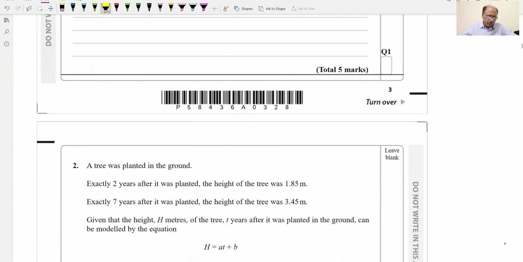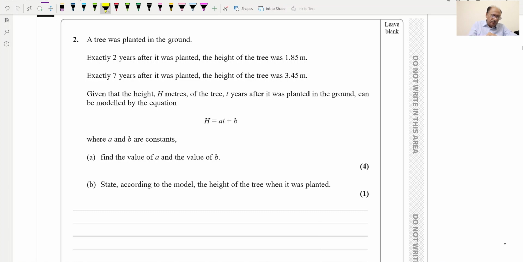Now we can move to question number 2, and question number 2 says a tree was planted in the ground. Exactly 2 years after it was planted, the height of the tree was 1.85 meters. Exactly after 7 years it was planted, the height of the tree was 3.45 meters.